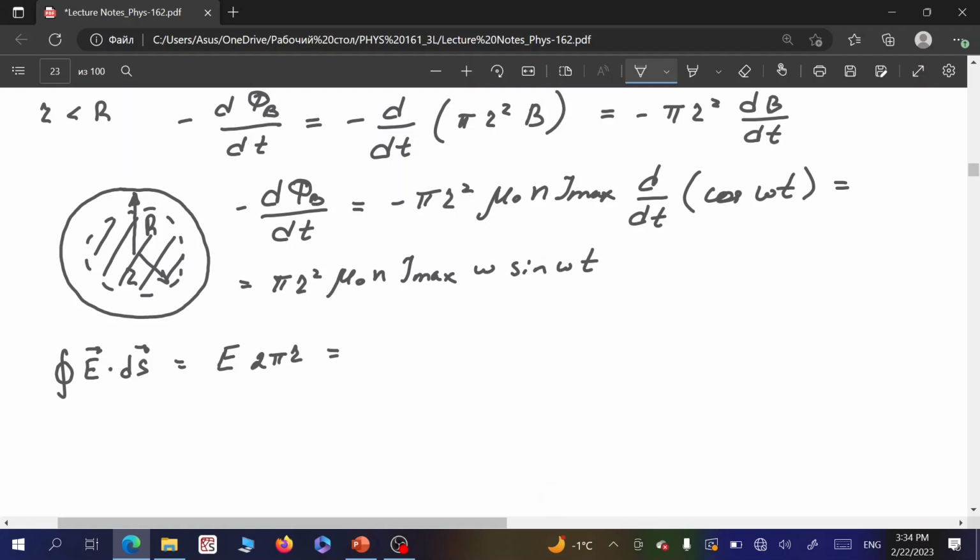That will be equal to pi r squared mu naught times n times I maximum omega sine omega t.